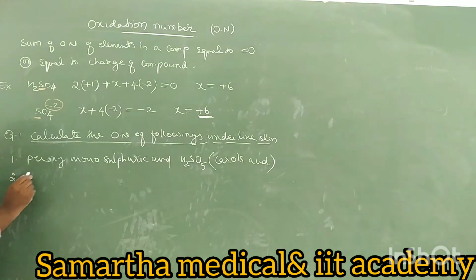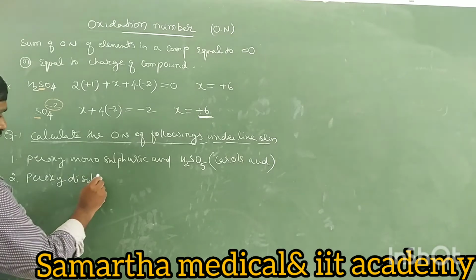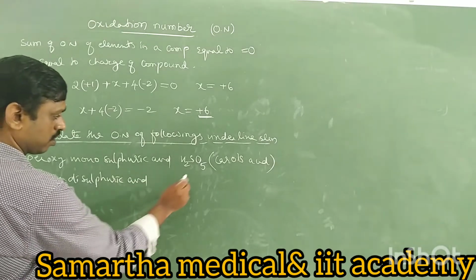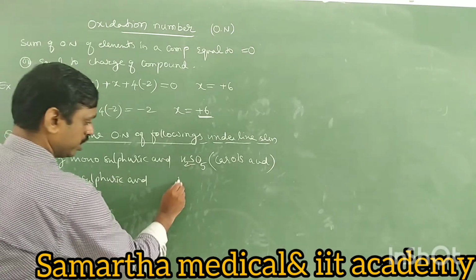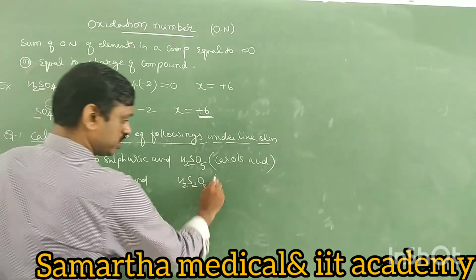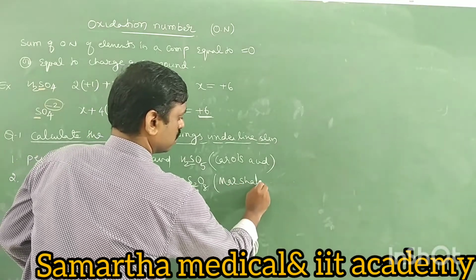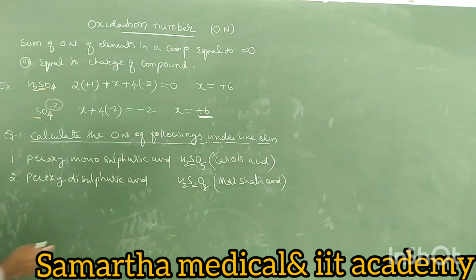Next, peroxy disulfuric acid, H2S2O8. Its name is Marshall's acid. Here also the underlined atom is sulfur.